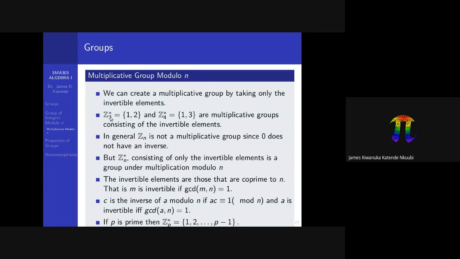That is because a prime number is always co-prime to all other positive integers that are less than itself. So when we have a prime number, Zp star just consists of all these elements. For instance, if p is 5, Z5 star will simply be 1, 2, 3, and 4. That is just a matter of definition.